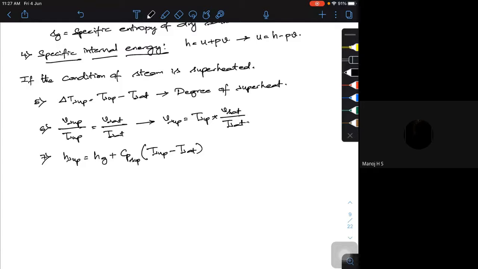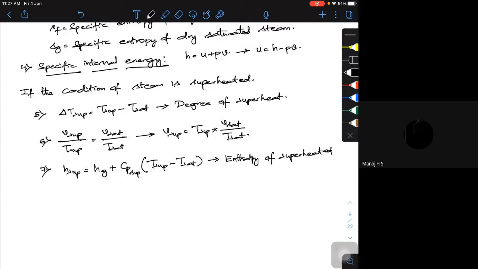I can use this formula and find the enthalpy of superheated steam.